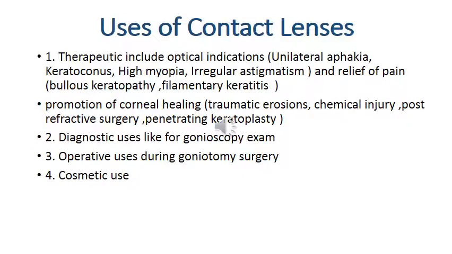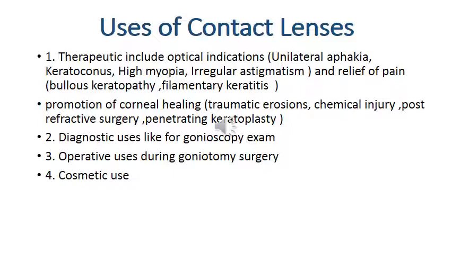These are some uses of contact lenses. Therapeutic uses include optical indications in addition to pain relief. With optical indication, I mean to improve vision, in cases of anisometropia, such as unilateral aphakia when the lens is absent. The lens is the second most important part in the refractive system of the eye.